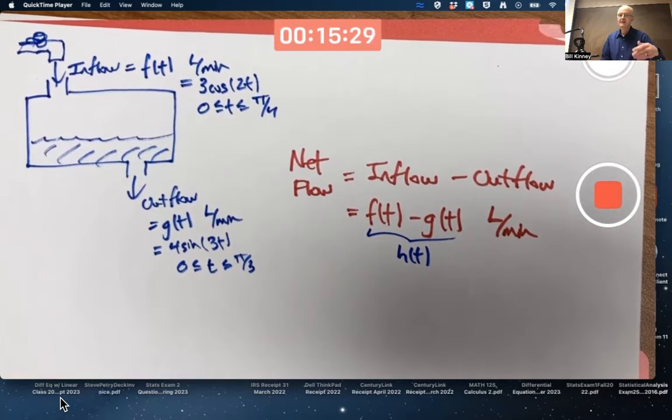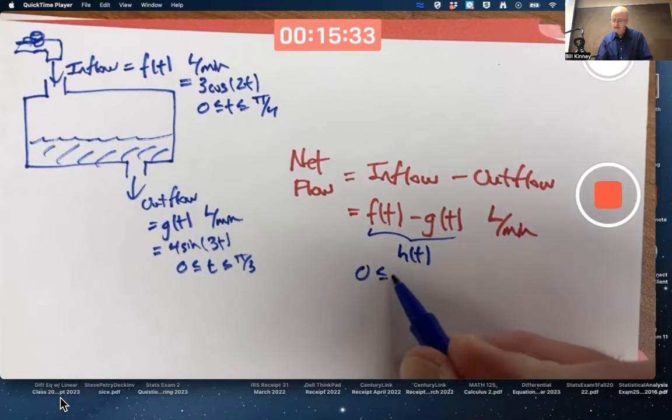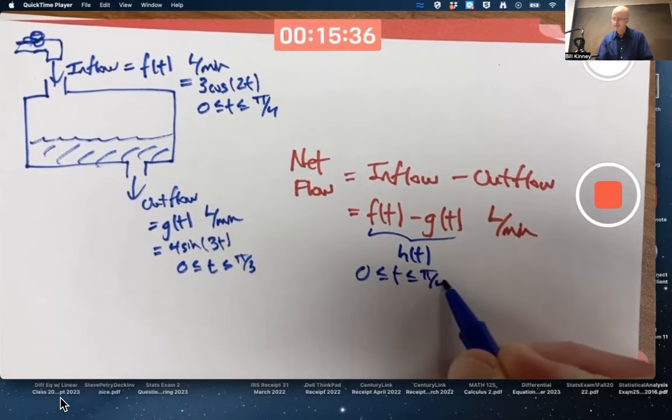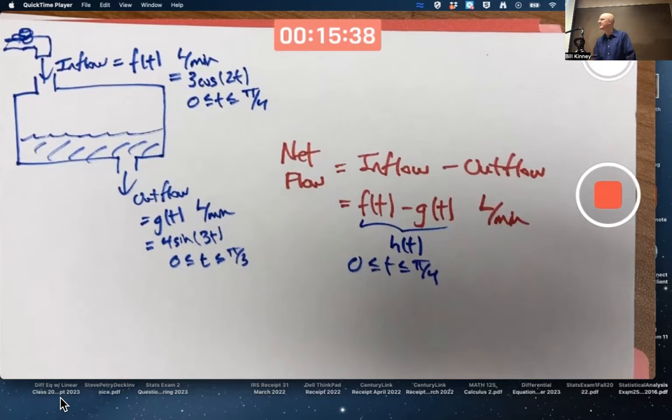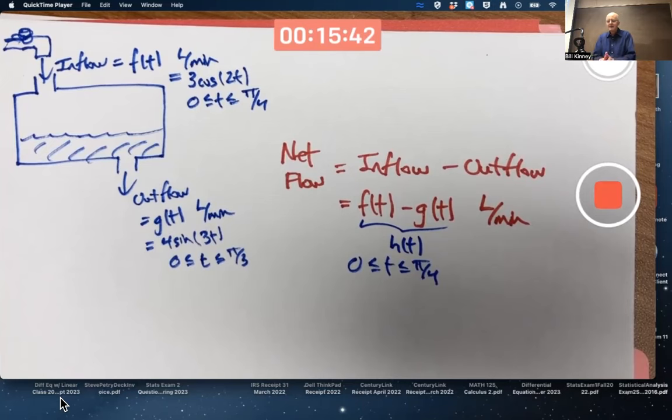But once we get up to pi over 4, the smaller of these t values, it's possible that this could become negative before that point. Positive net flow rate means the inflow is faster than the outflow. Water's flowing in faster than it's flowing out, so the volume is increasing. Water level's going up. Negative net flow means it's going out faster than it's coming in, so the volume's going down.